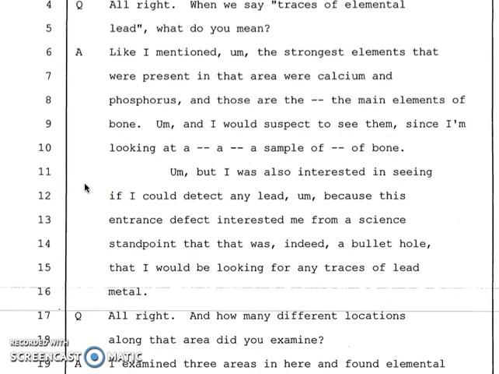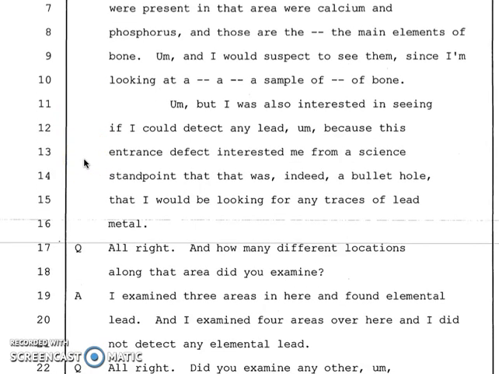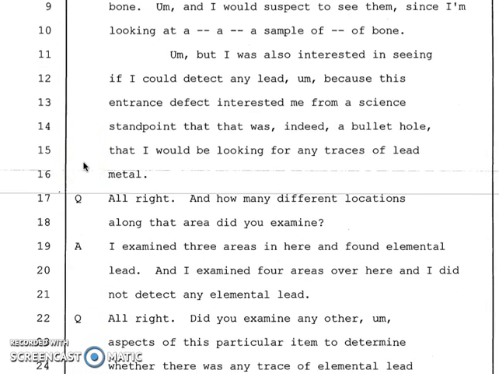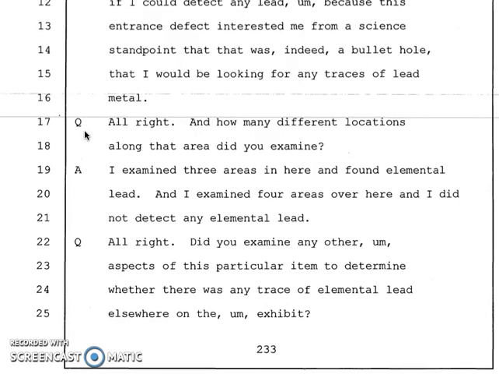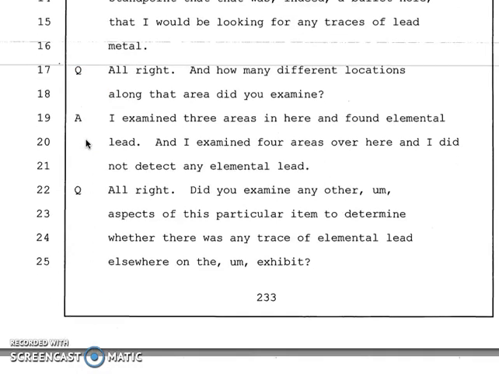And I would suspect to see them since I'm looking at a sample of bone. But I was also interested in seeing if I could detect any lead because this entrance defect interested me from a science standpoint, that that was indeed a bullet hole that I would be looking for any traces of lead metal.